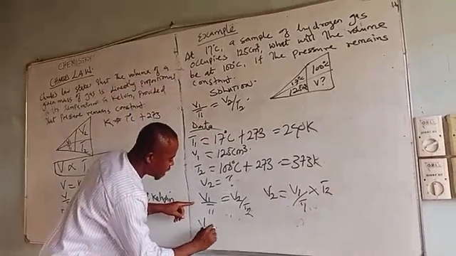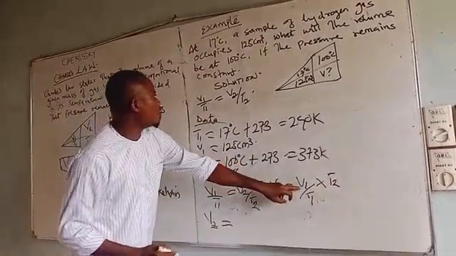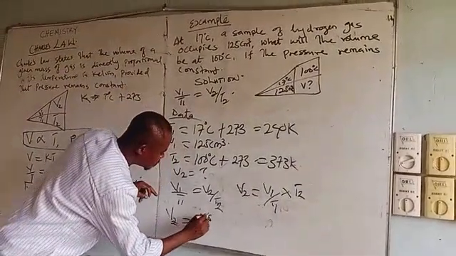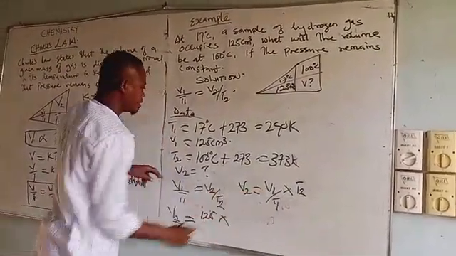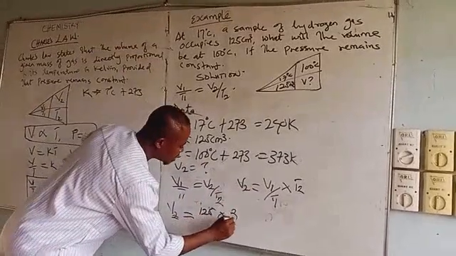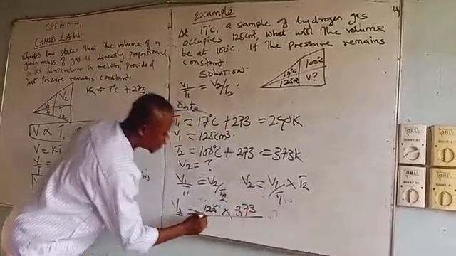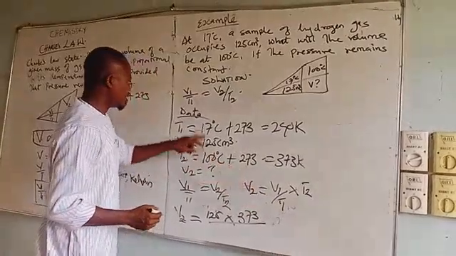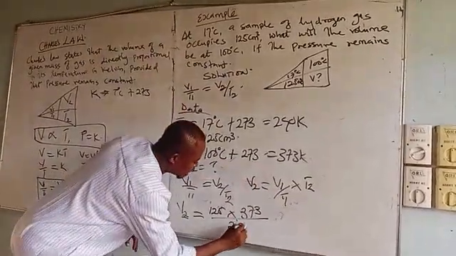So that V2 now will be equal to V1. Our V1 is 125 multiplied by T2. Our T2 is 373 divided by T1. And our T1 is 290 Kelvin.